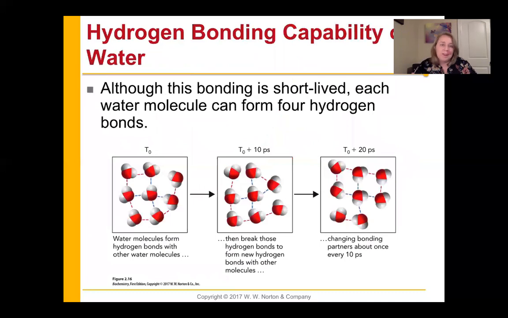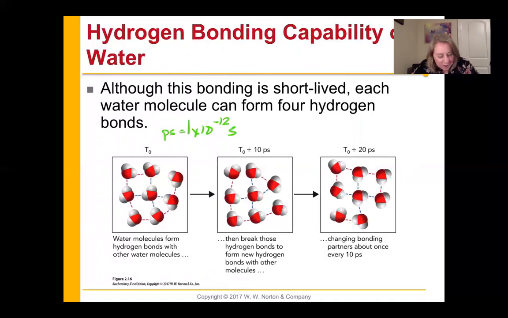All right, so the bonding is very, very short-lived inside of the liquid form, right? Inside of the liquid form, the hydrogen bonds change about once every 1 to 10 picoseconds. Now, a picosecond is 1 times 10 to the minus 12 seconds.